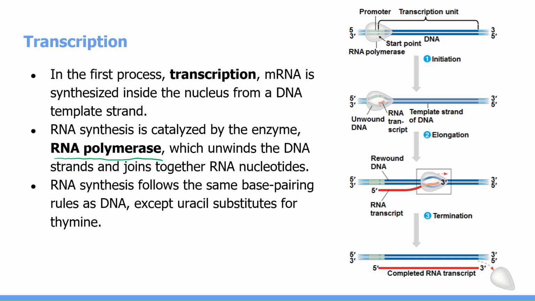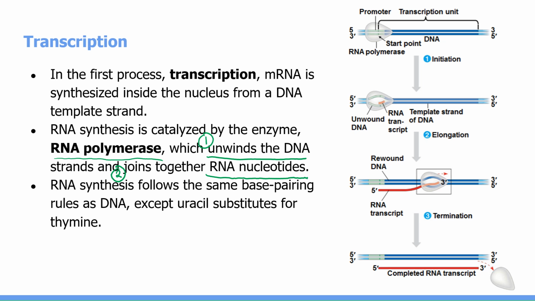So this RNA polymerase has two jobs. The first job is to unwind the DNA, and then number two, to add the nucleotides to create the mRNA. So the RNA synthesis follows the same base pairing rules as DNA, except that uracil is substituted for thymine.